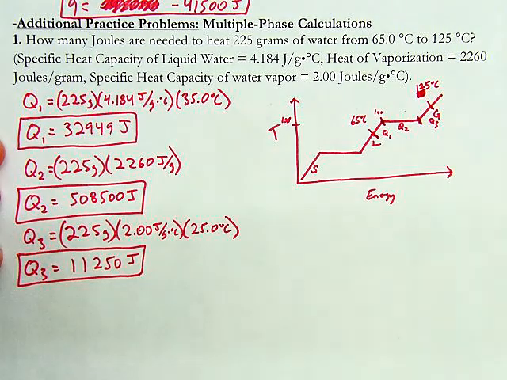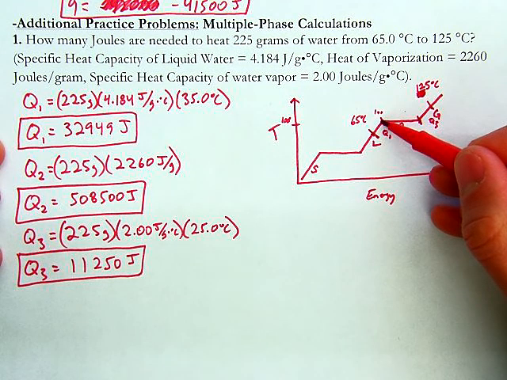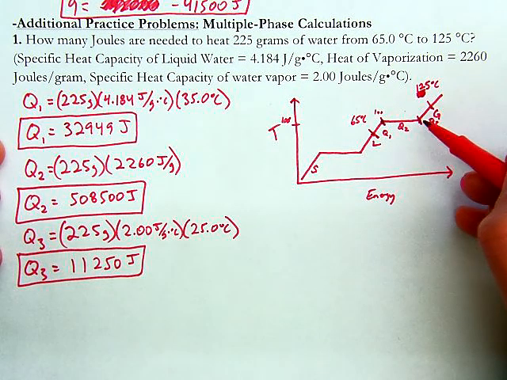So we just calculated Q1 is warming the liquid water up to 100, Q2 is boiling the water, and Q3 is warming the vapor up to 125.